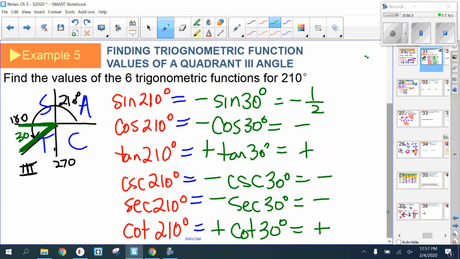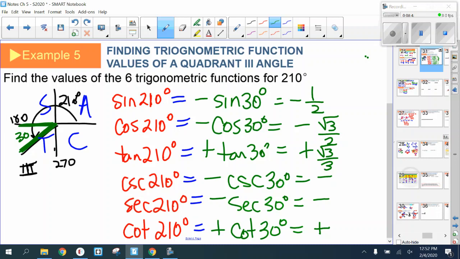Cosine 30 is square root of 3 over 2, so cosine 210 is negative square root of 3 over 2. And we're going to have positive tangent 30 here, so that's going to be positive square root of 3 over 3. And cosecant 210 is negative cosecant 30.